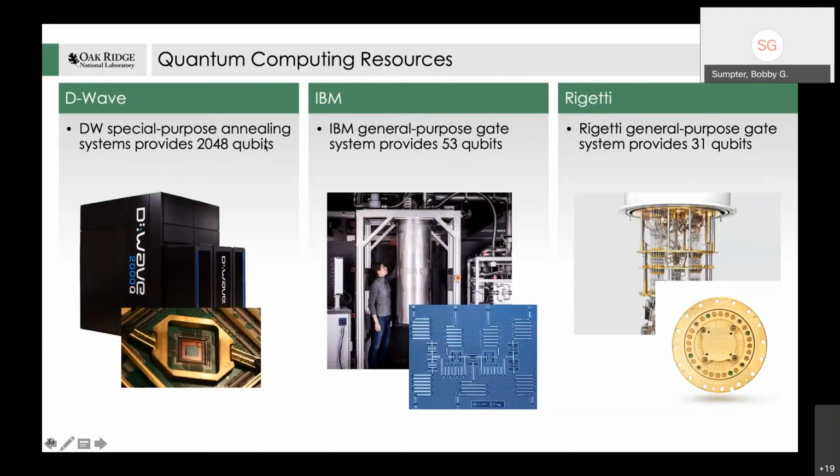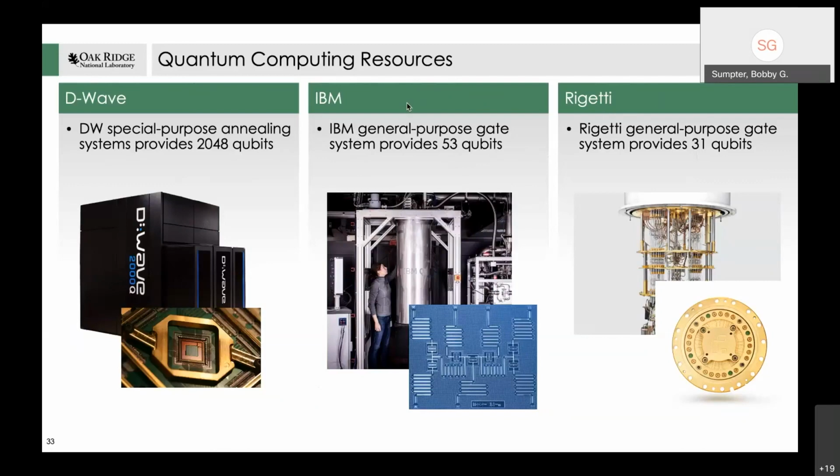It's an adiabatic quantum annealing type system. I won't go over what that means, but it allows you to do some things. IBM, which has a 53 qubit system, and Rigetti, which has a 31 qubit system. So these resources are actually available through our Oak Ridge Leadership Computing Facility already, and people are using them to solve certain problems.